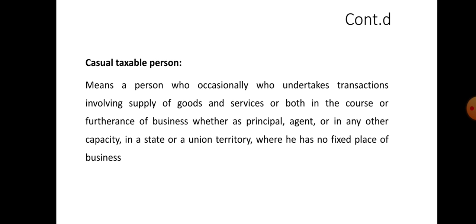The next definition is the casual taxable person. But before that, we'll have some transactions on aggregate turnover, which are helpful to learn how to compute the aggregate turnover.